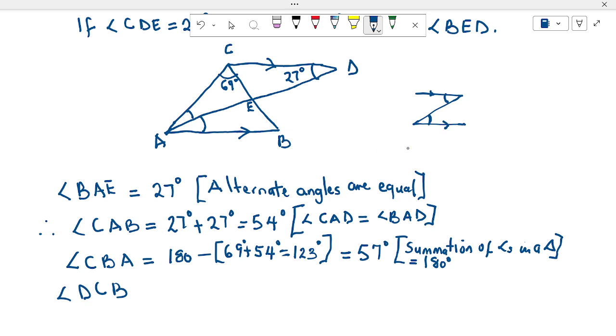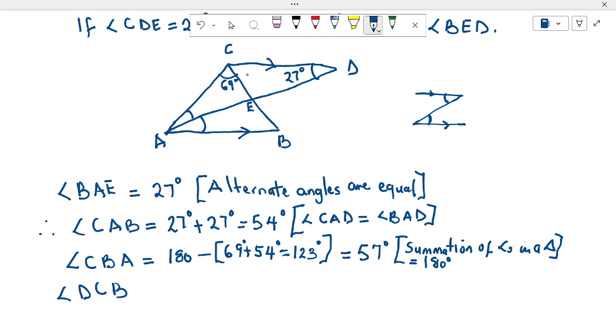This is angle DCB, referring to that angle. We can get that angle because who can give me a solid reason for it? Okay, let me tell you, look at this line, the same reason as this.